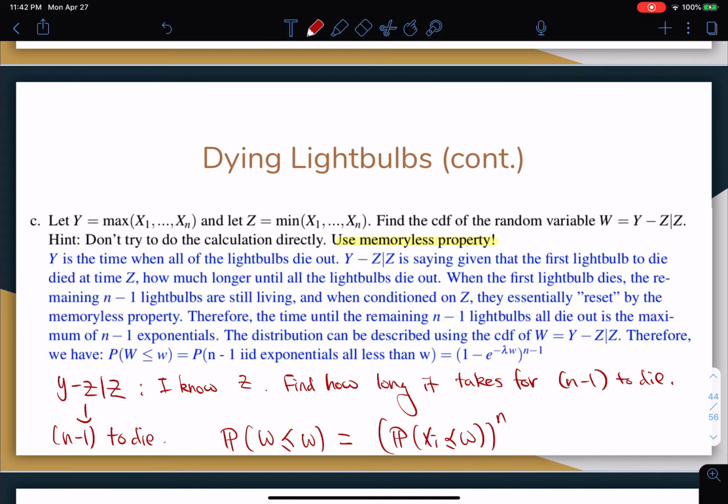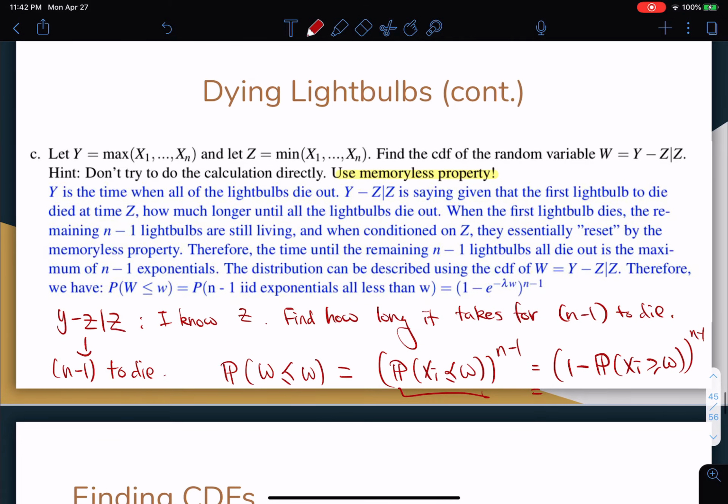We've done this calculation before in part A, where we actually took the complement. 1 minus the probability that xi is greater than or equal to w to the n-1 is equal to 1 minus e to the minus lambda w over n-1. Perfect. And that's it. So we just plug it in, and we get 1 minus e to the minus lambda w to the power n-1.